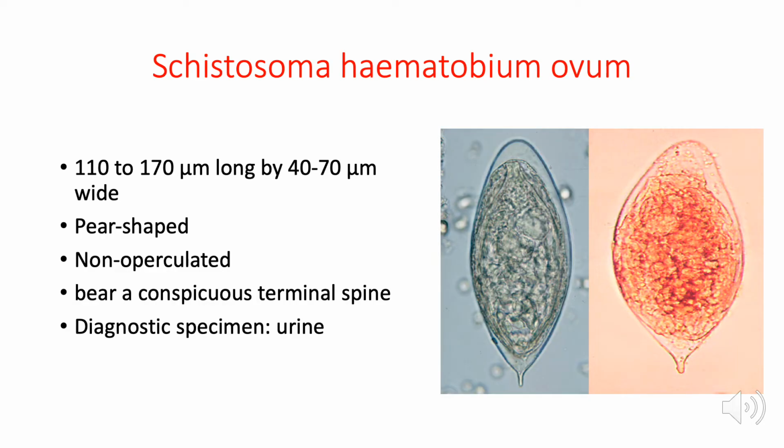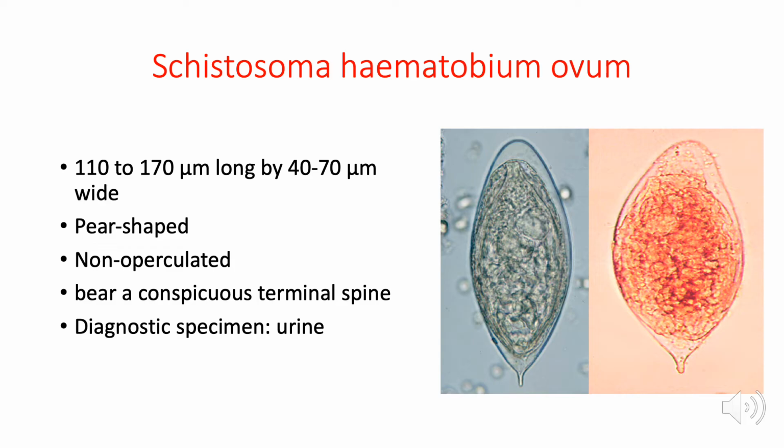Again, the ova of Schistosoma hematobium and Schistosoma mansoni are bigger than that of Schistosoma japonicum, and they appear to be longer than they are wider. And the size of the ova of Schistosoma hematobium is almost similar to that of Schistosoma mansoni. Again, this egg is non-operculated, and for you to identify it from the other ova of the two Schistosoma species, you have to look for that terminal spine.